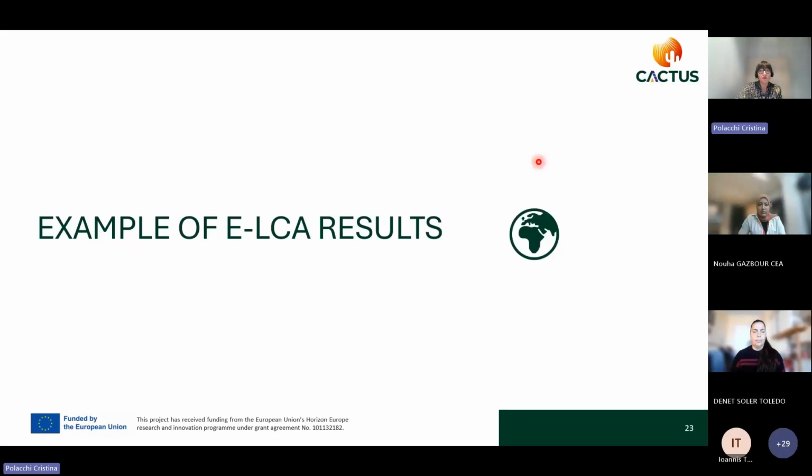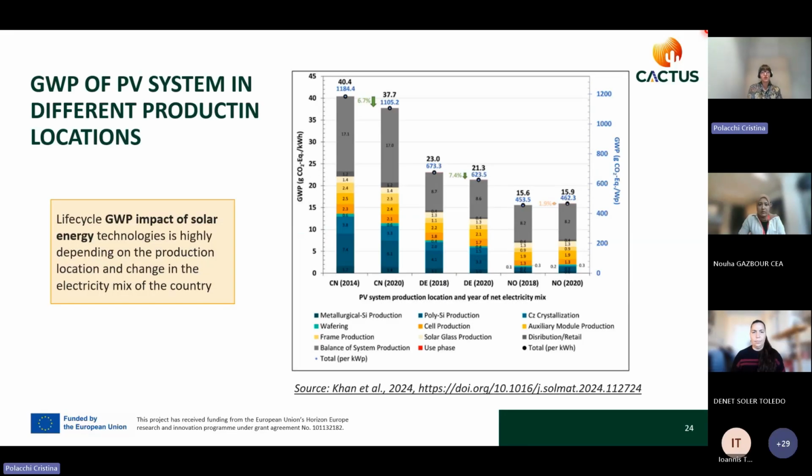And to give some examples of environmental LCA results, here we have a study from 2024 from the literature, where we see the global warming potential, so the impact on climate change, of PV systems in different production locations. Oh, sorry, there's a typo here.